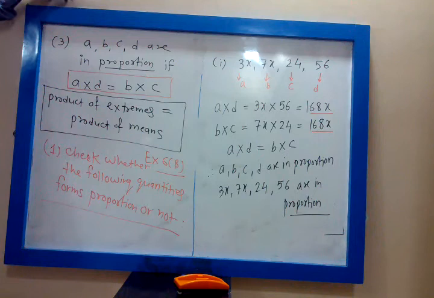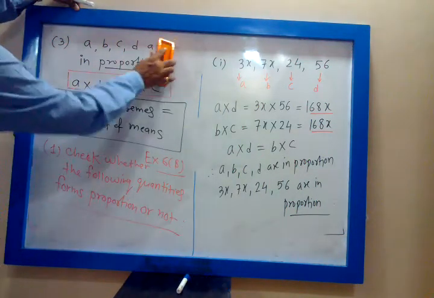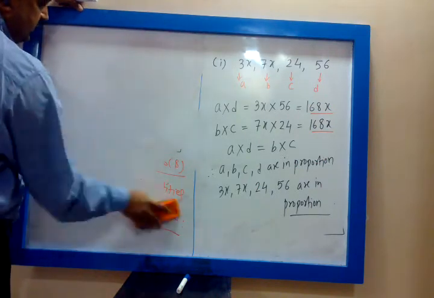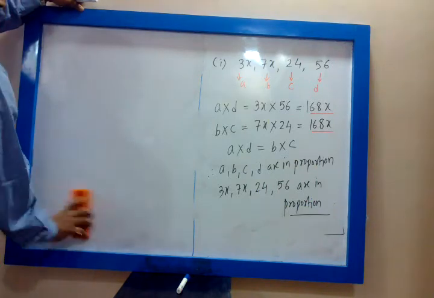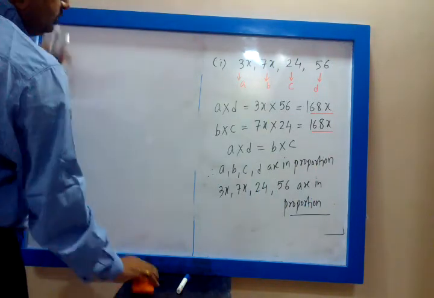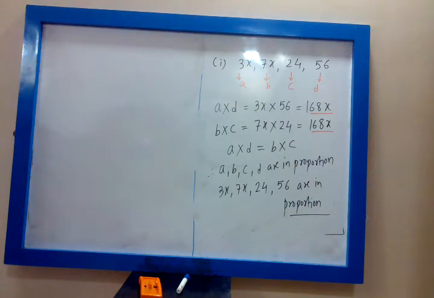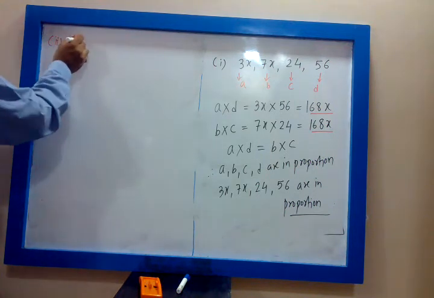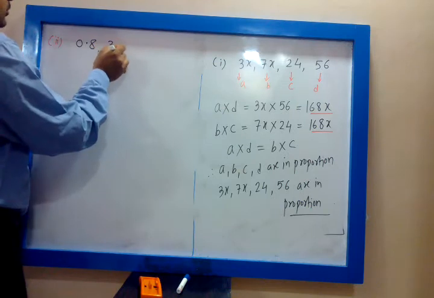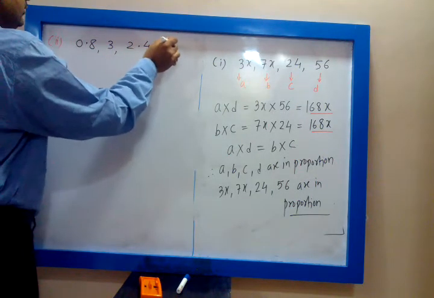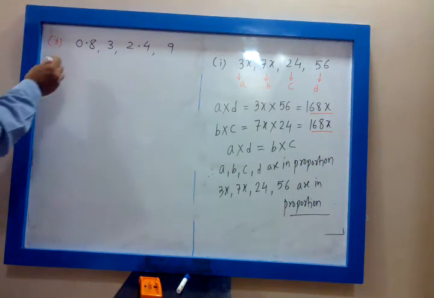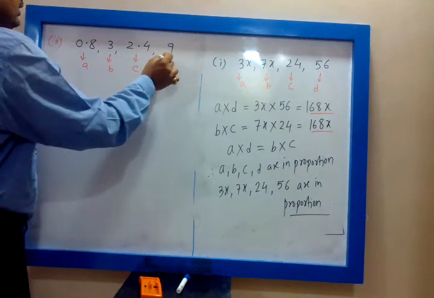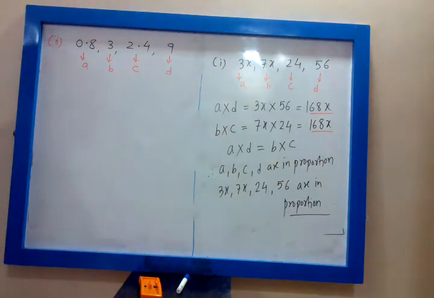Then second one: 0.8, 3, 2.4 and 9. Chalo, verify first. 0.8 is my A, 3 is my B, 2.4 is C, and 9 is D. You check the product of extremes.